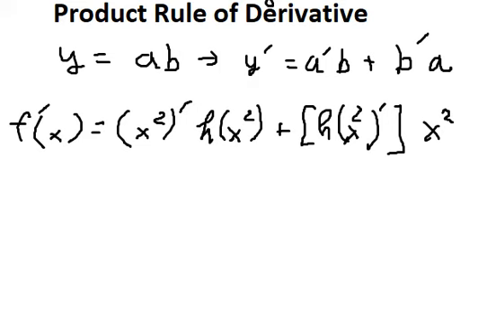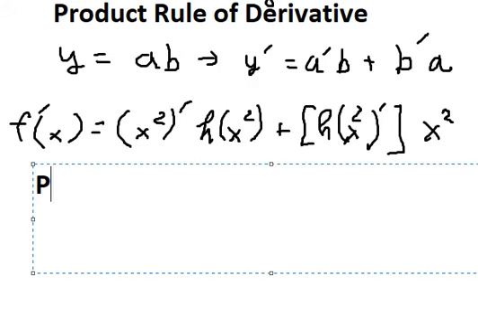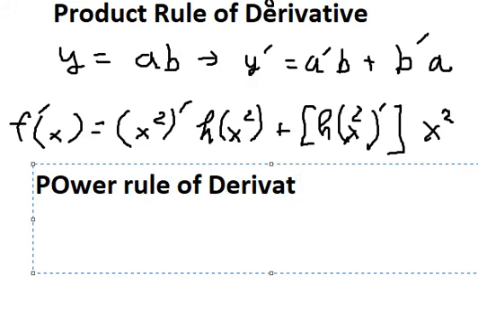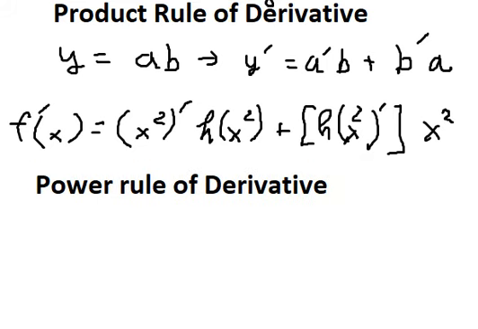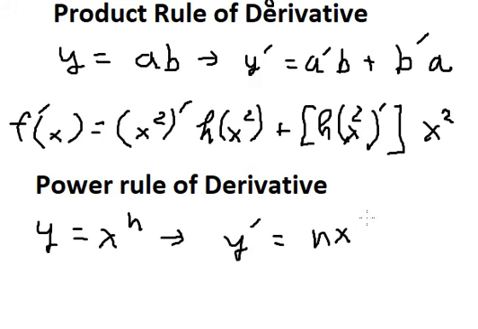Now we continue to use another power rule of the derivative. So if we have y equals s to the power of n, if we do first the derivative, you got n times s to the power of n minus 1.